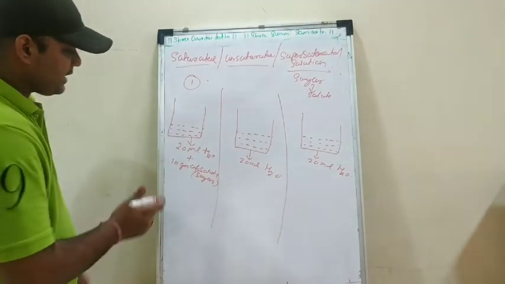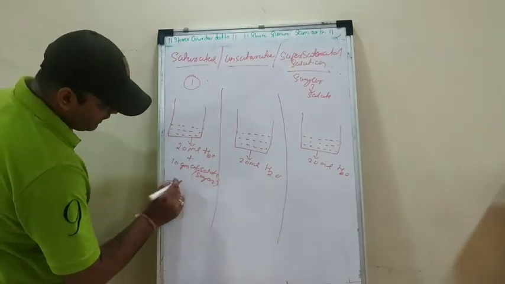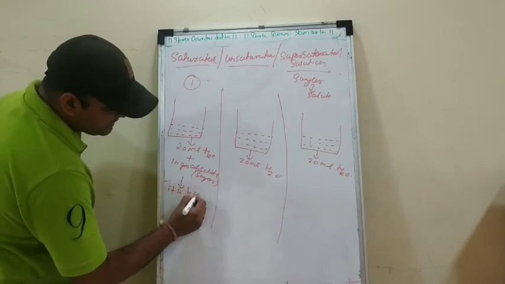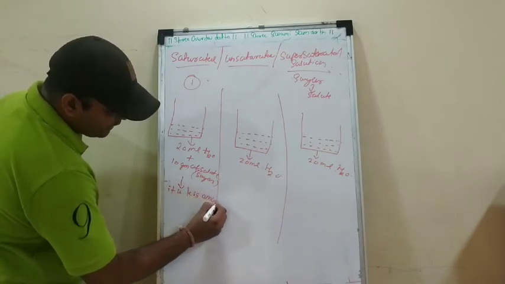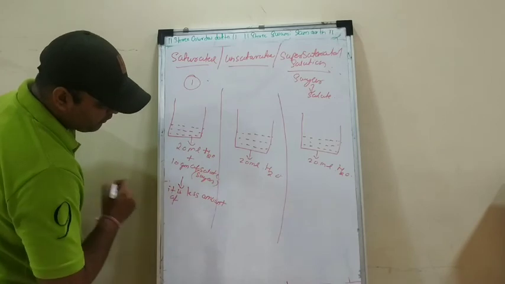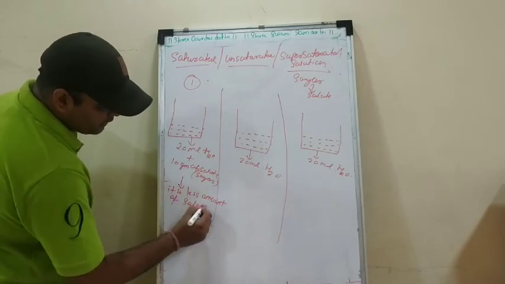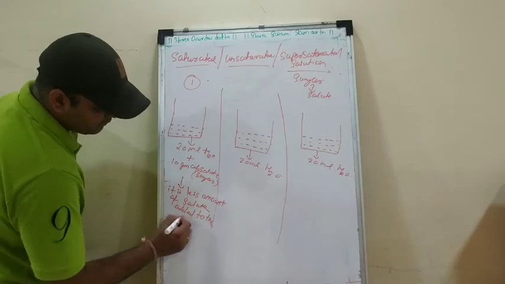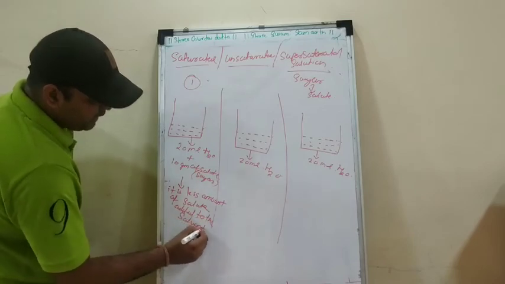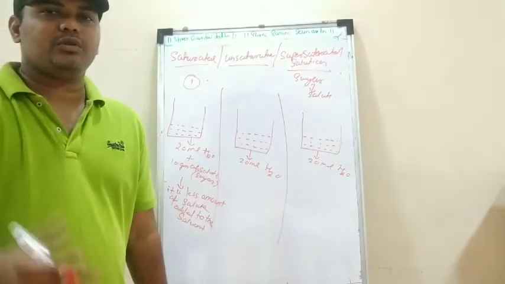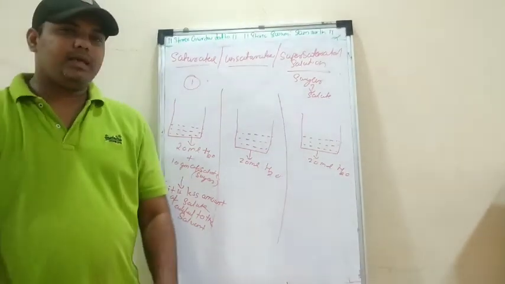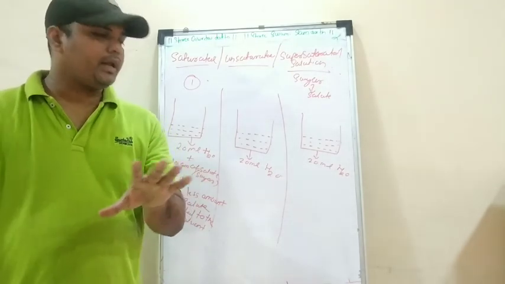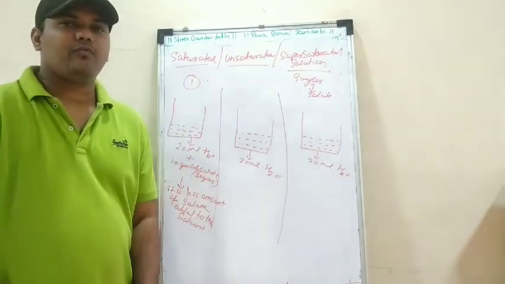So here we can say that it is less amount of solute added to the solvent. That means 10 gram of sugar can easily get dissolved in 20 ml of water.